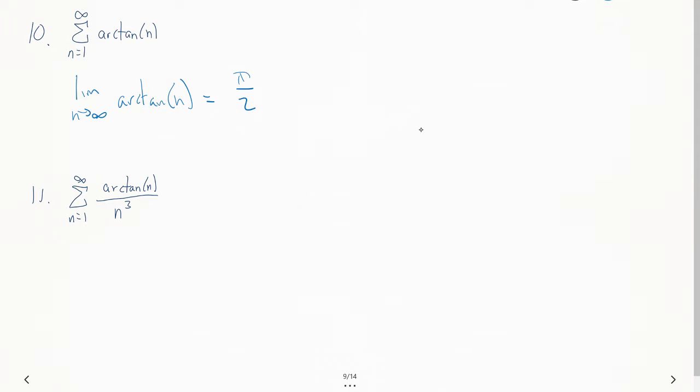And what that tells us is right out the gate, since the limit of the terms is pi over 2, you're adding pi over 2 infinitely many times essentially, so that's obviously going to diverge, but there's a name for it. So this is divergent by the test for divergence.